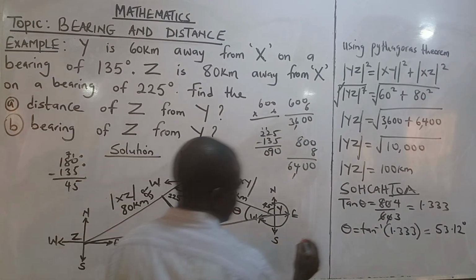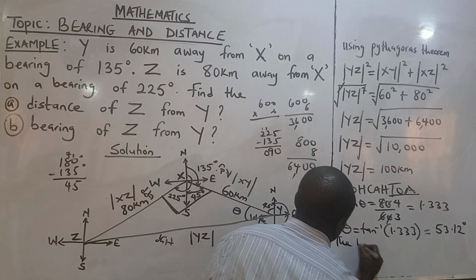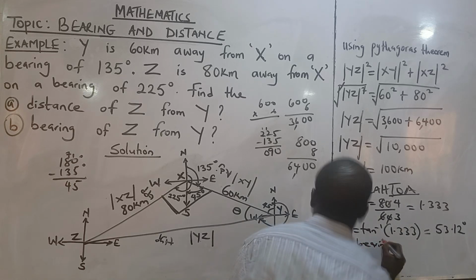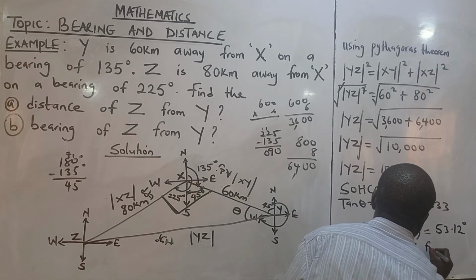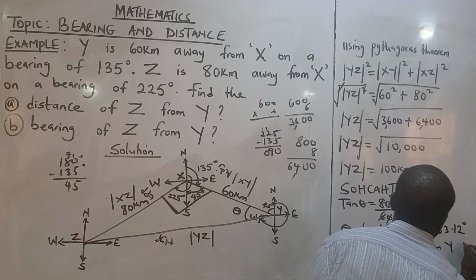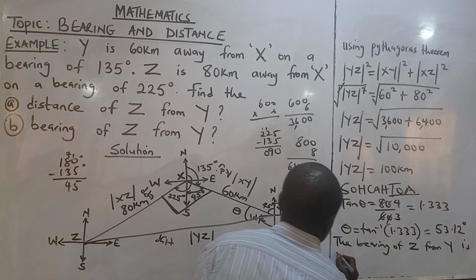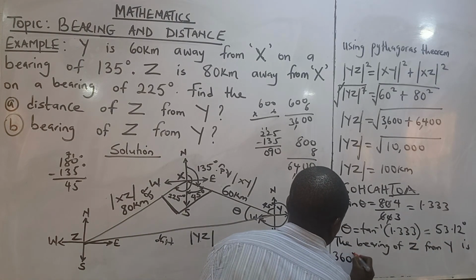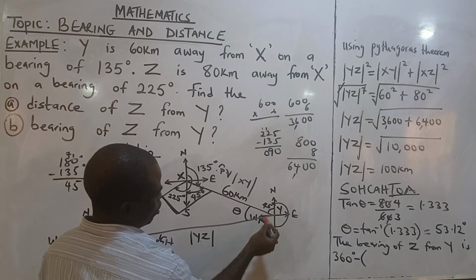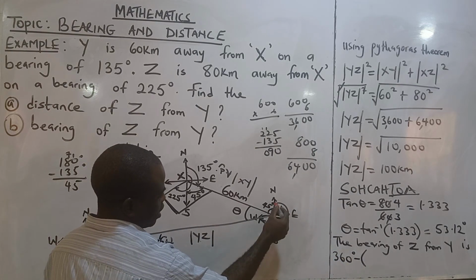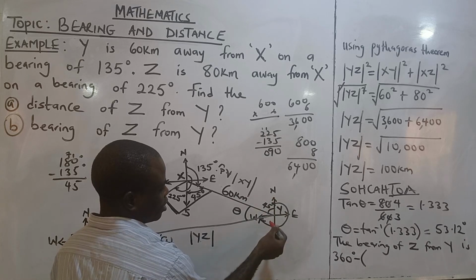Now the bearing of z from y is 360 degrees minus, now add this angle, because the total from north back to north is 360 degrees.